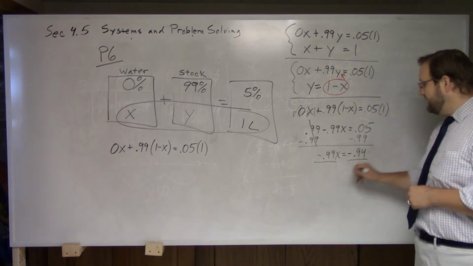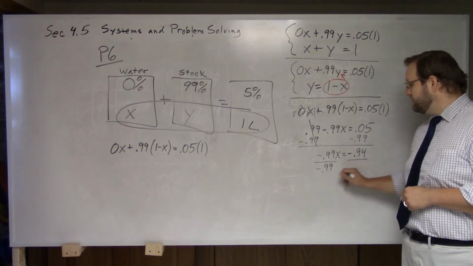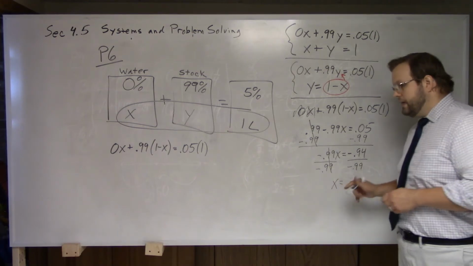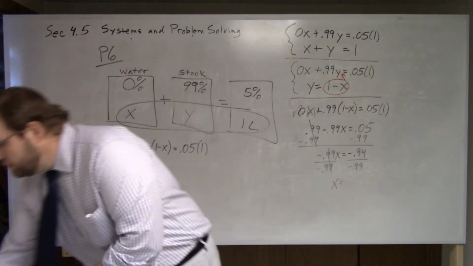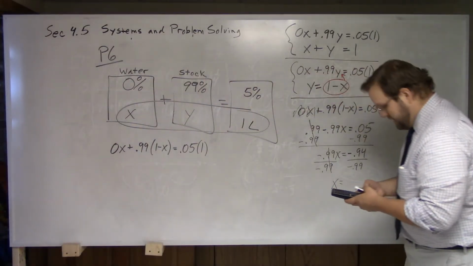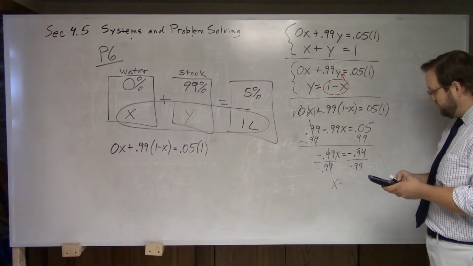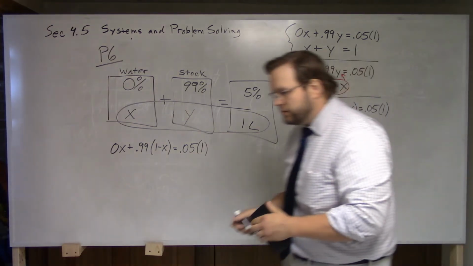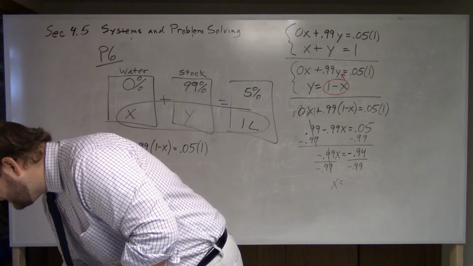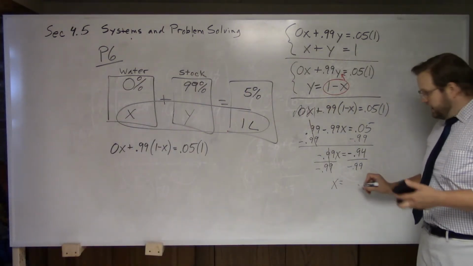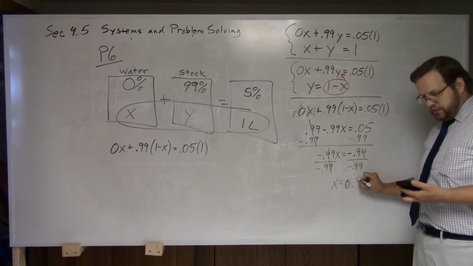I'm going to divide by negative 0.99. And it's said to round. So what we get is negative 0.94 divided by negative 0.99. They said to round to the nearest hundredth. So that would give us 0.95.